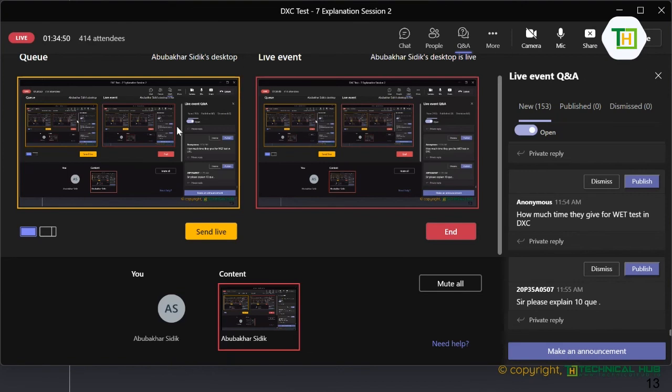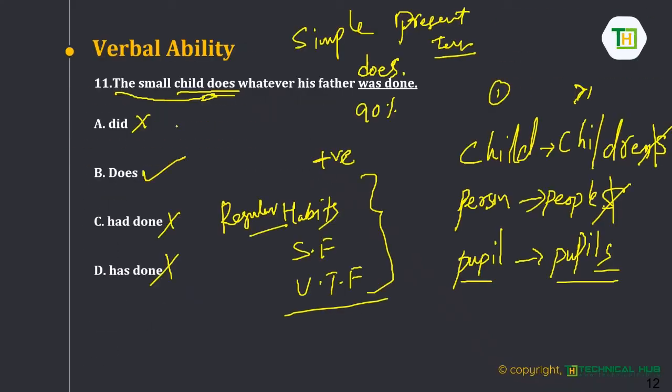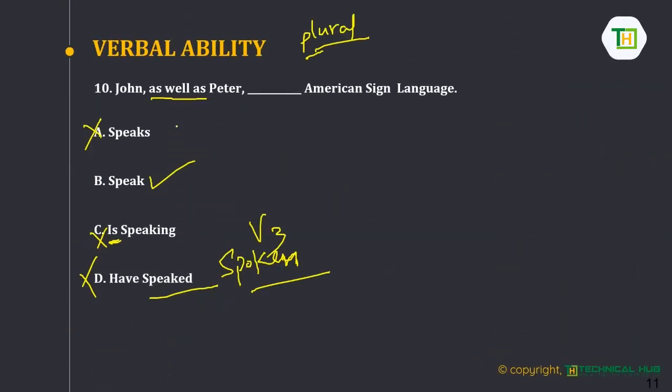Explain 10th question now. Question. I explained it right and clearly.